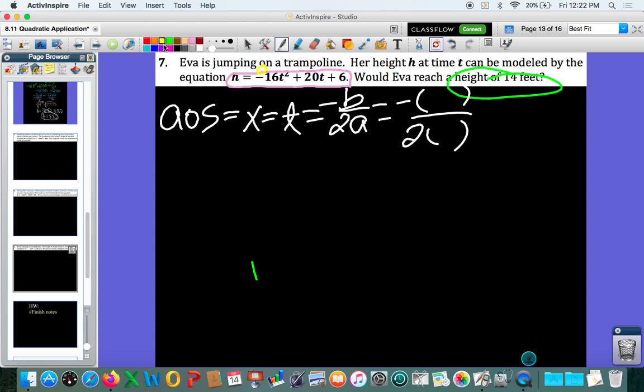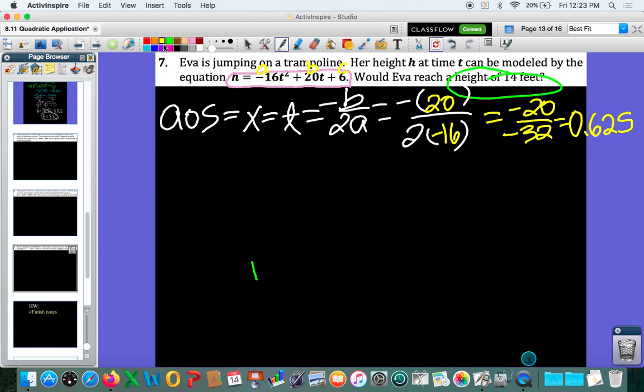I've got a because it's the t squared, b because it's t, and c, it's all by itself, constant. So I've got 20 and negative 16. So we're going to end up with 32, and that's going to be equal to 0.625.